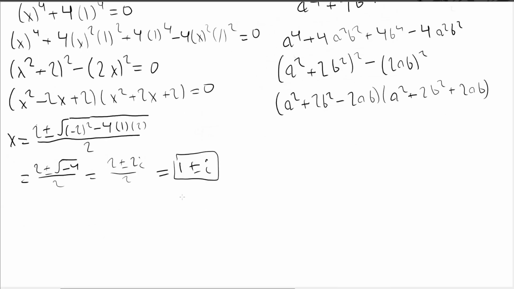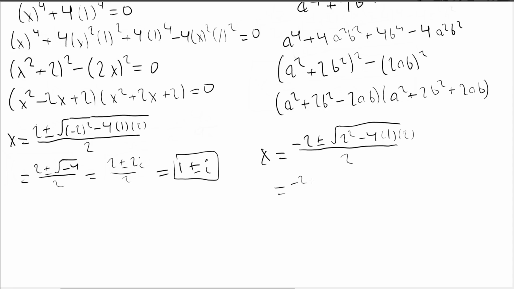Alright, so now we have this second one here. So we have x equals negative 2 plus or minus the square root of b squared minus 4ac over 2a.